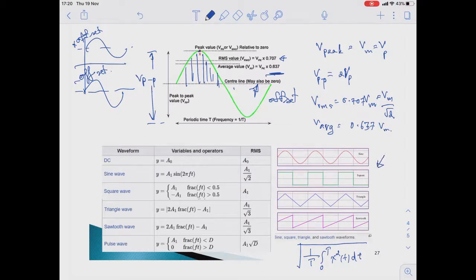So the forms that we often involve with are a square wave, sine wave, triangular wave, and sawtooth. And you can see that different waveforms will come up with a different RMS value. We end it with this RMS value of the 4 waveforms.